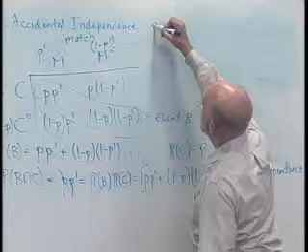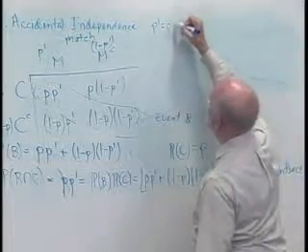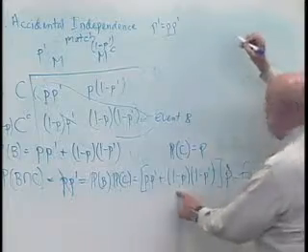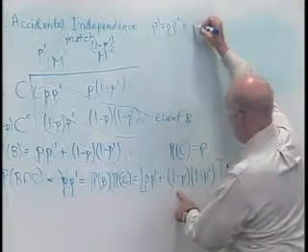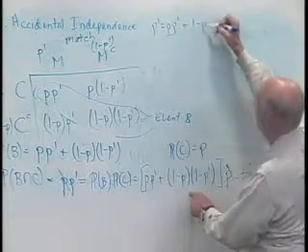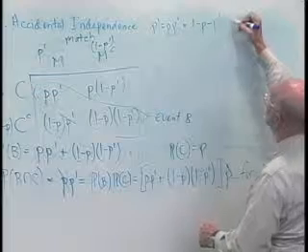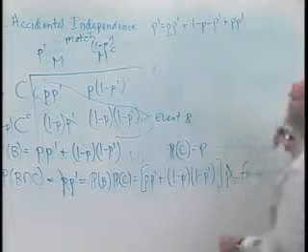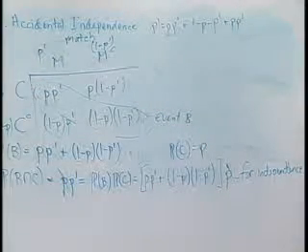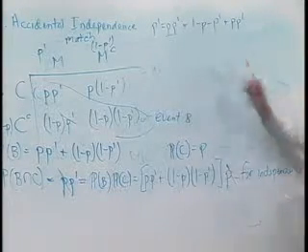P prime has to equal P prime plus 1 minus P minus P prime plus P P prime. No, two minus signs here. I'm okay.